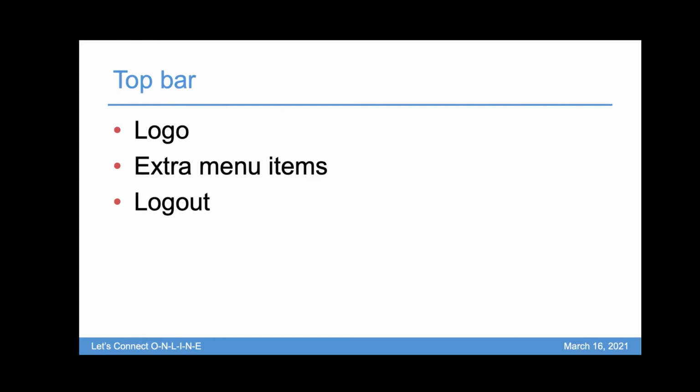You can change your logo, or you can add extra menus to your Connections environment, which is usually described in all the customization tutorials. So I don't want to go further. I want to focus on the features, and one of them is that you can enable or disable the logout possibility.